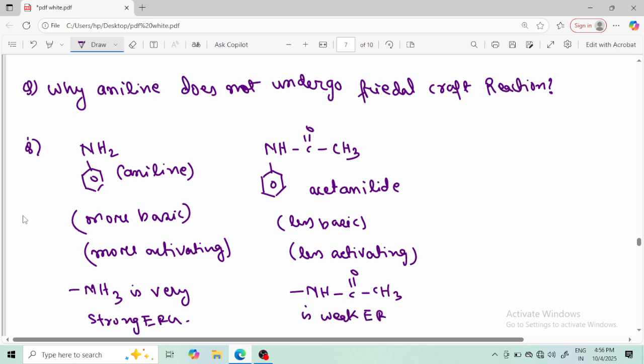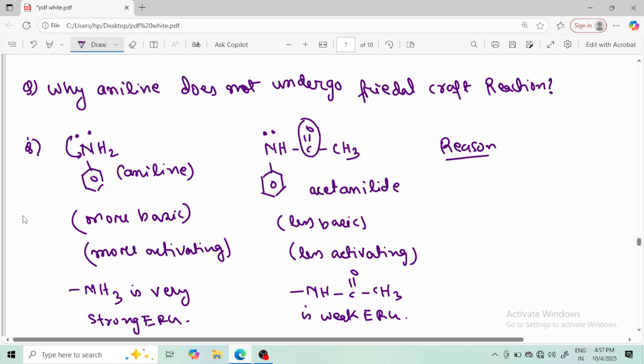Now they will ask the reason why. What's the reason behind that? The reason is, pay attention here, there is a lone pair of nitrogen. This lone pair usually, if there is no C double bond O part, starts doing resonance with the benzene ring, means it goes to the benzene ring.